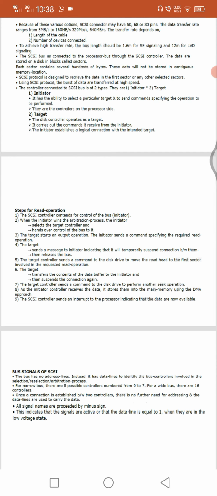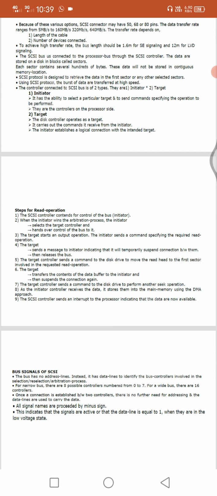Then the target controller sends a command to the disk drive to move the read head to the first sector involved in the requested read operation. So whatever the requested read operation is, the target controller identifies the head, the starting position of the read operation.